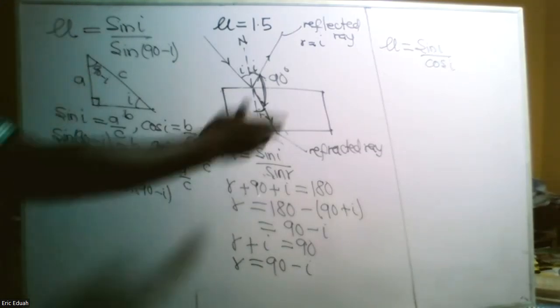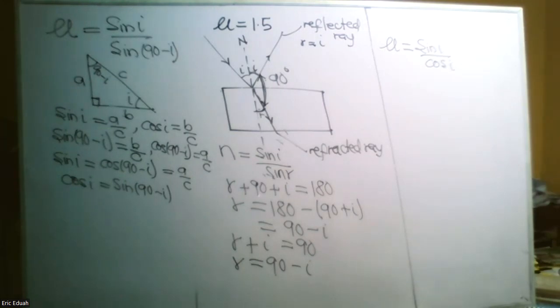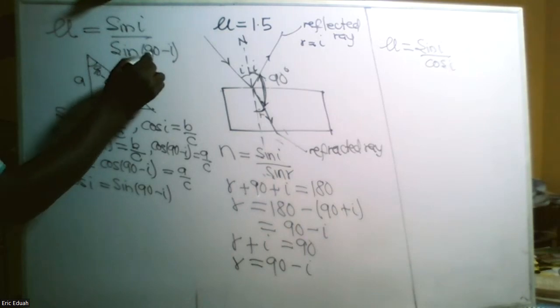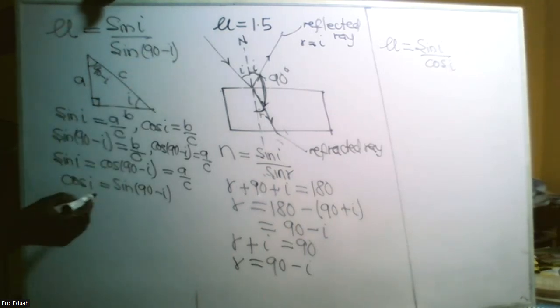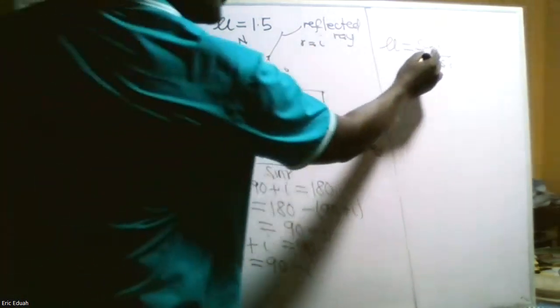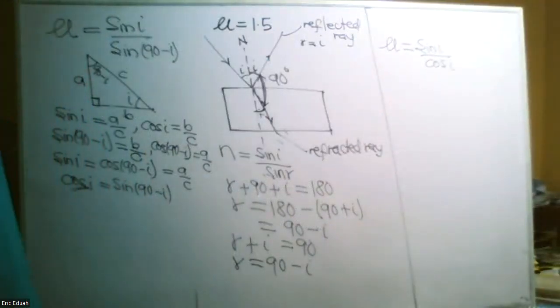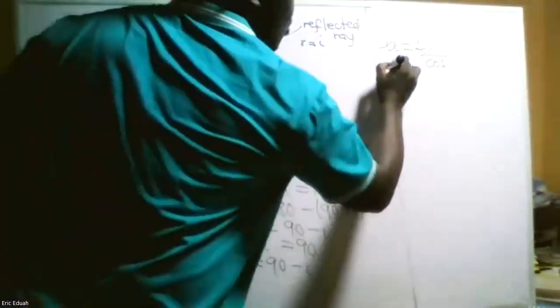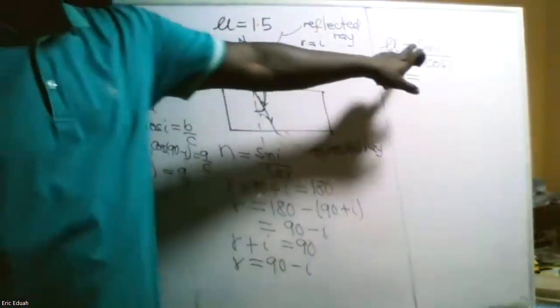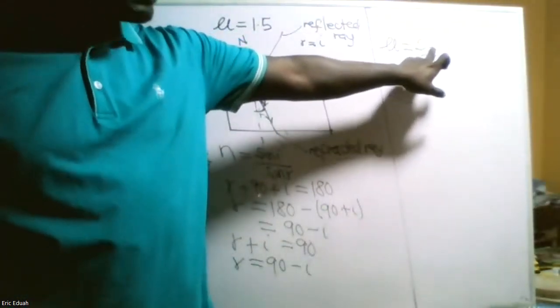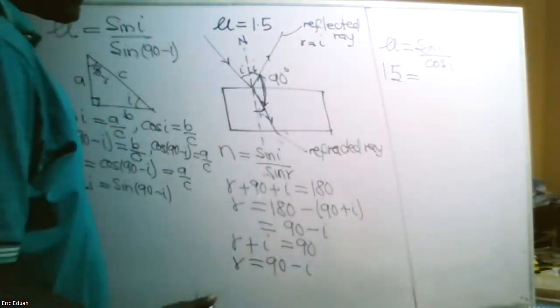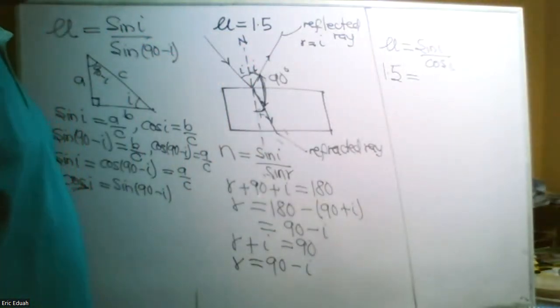So let's substitute this into our equation. Because we have the denominator to be sine 90 minus I, quickly I can substitute cos I. So I have sine I over cos I. I have mu to be 1.5. Now, because this time the angles are the same, I, sine over cos is tan.